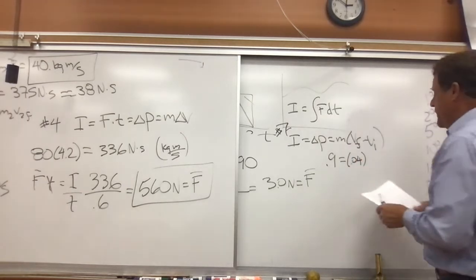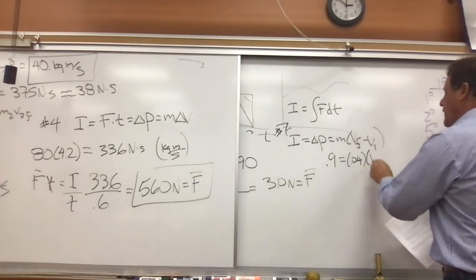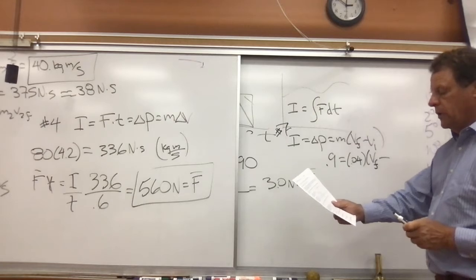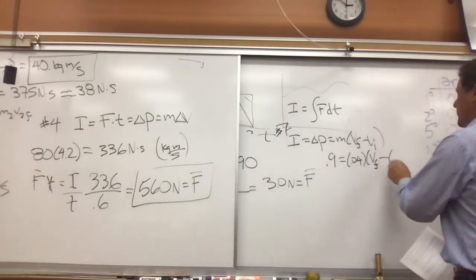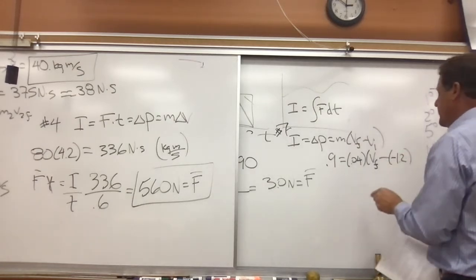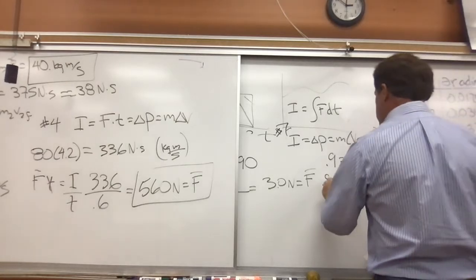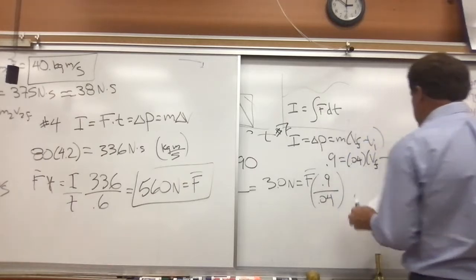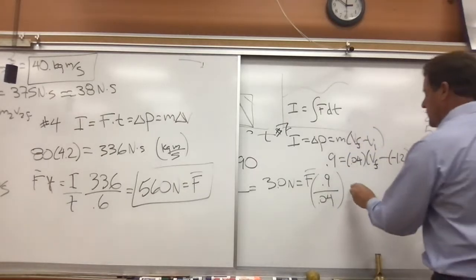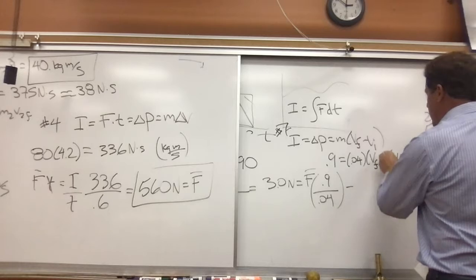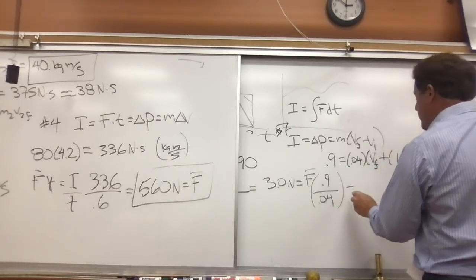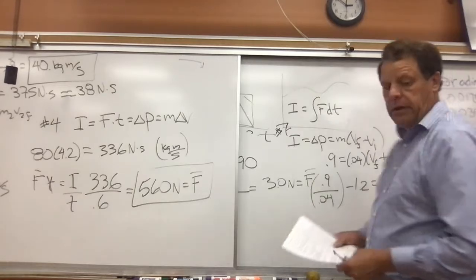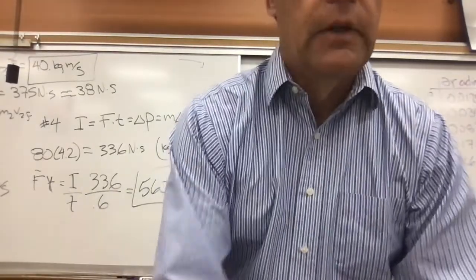Remember, you're moving it over 3 decimal points, and then that is V final minus the initial, okay, which is going to be negative 1.2. And so we're going to have 0.9 divided by 0.04, this whole quantity. This becomes plus, and so when we bring it over to the other side of the equation, it turns back to minus. We get 1.2, and that is going to be our V final.